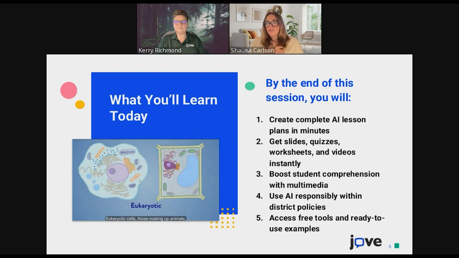We'll also look at how you can use these tools responsibly and in alignment with district policies. And most importantly, you will walk away with some free tools that you can start using immediately.